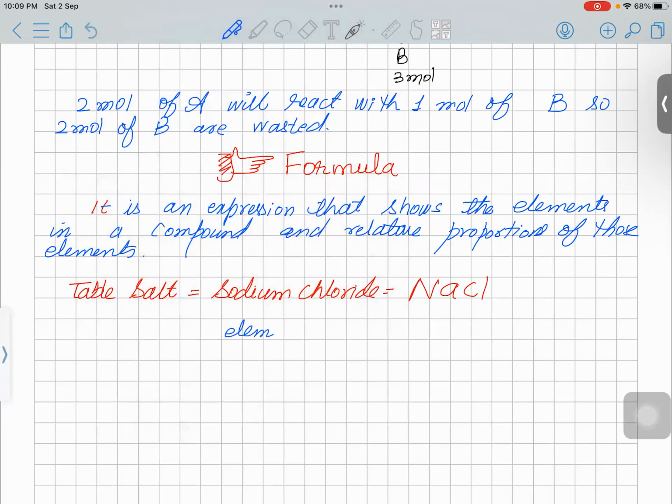The ratio is 1:1. So the ratio between sodium and chlorine is 1:1.